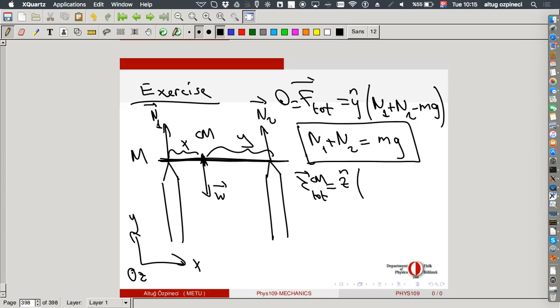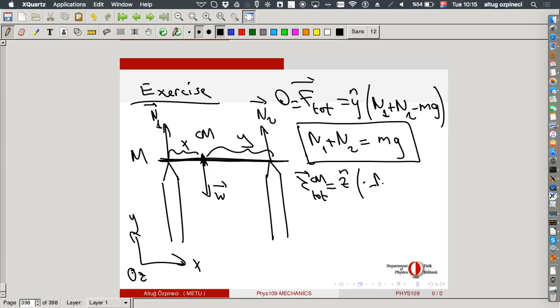So what is the direction of the torque created by N1? You see, we are calculating the torque with respect to the center of mass. And the torque created by N1 relative to the center of mass: if you just rotate R towards N1, this is in the minus z direction.